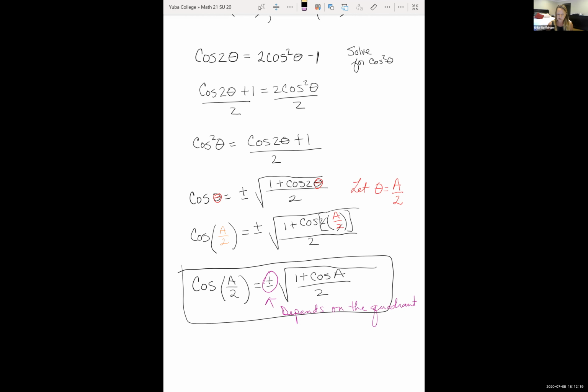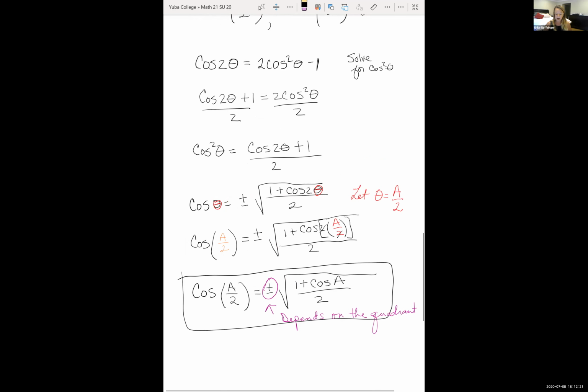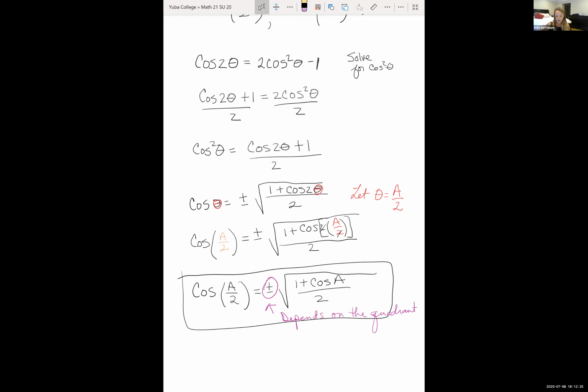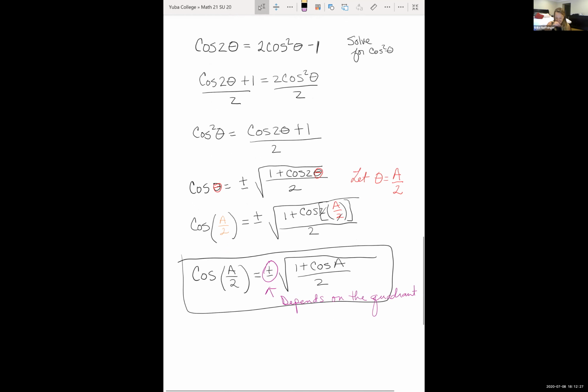Okay, so same sort of idea to figure out what the half angle is for sine. We're going to start, again, with cosine of 2 theta.